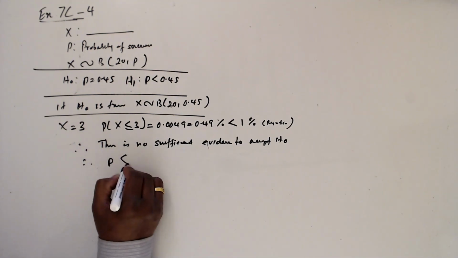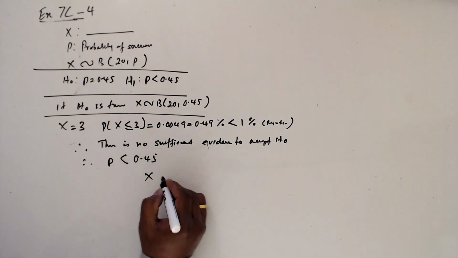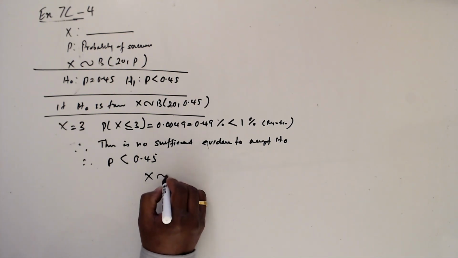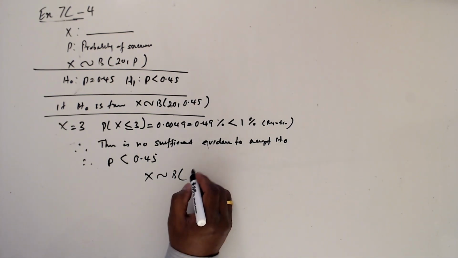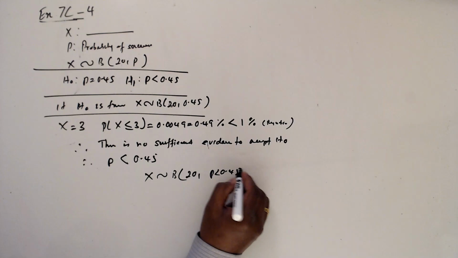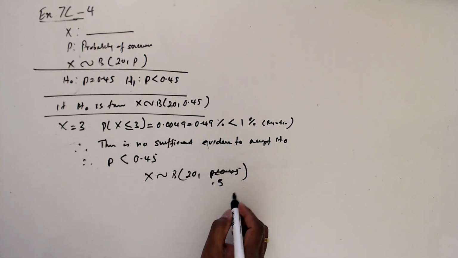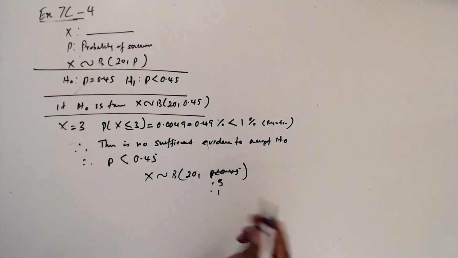Hence P has to be less than 0.45. It means X follows a binomial distribution with a different parameter, something less than 0.45. It can be 0.3 or 0.1 or so on.